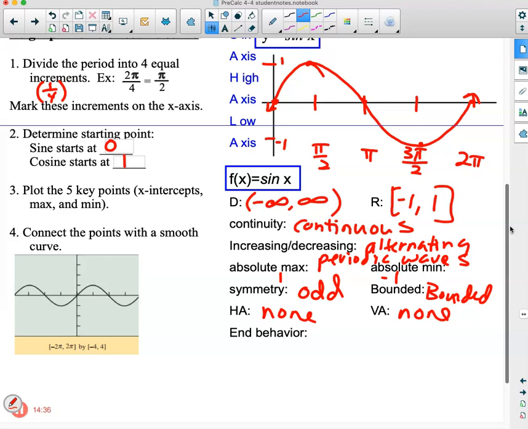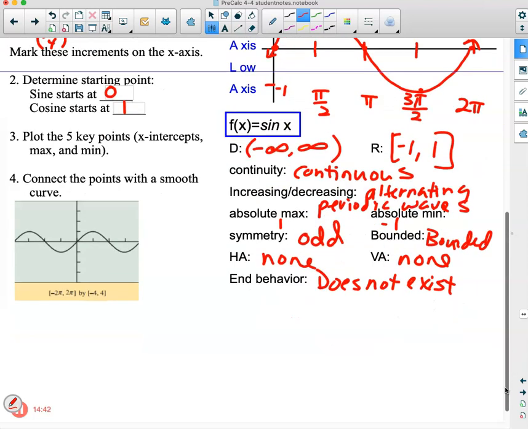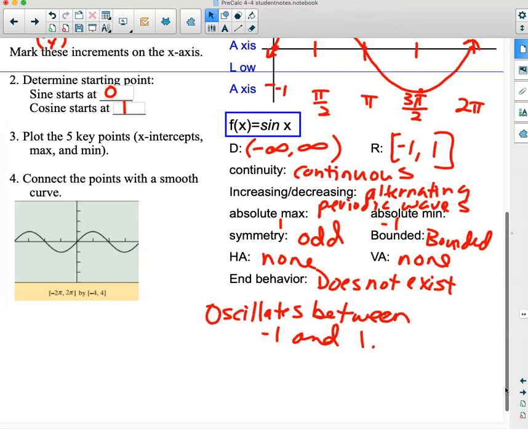So what we say is does not exist. But that's not enough to describe somebody what's going on with the end behavior of this graph. So we'll say it oscillates between negative 1 and 1. And that gives them a better picture of what's happening with the y values as this graph continues on.